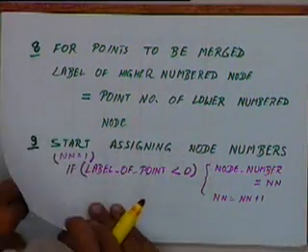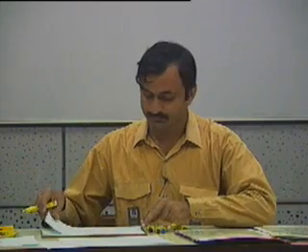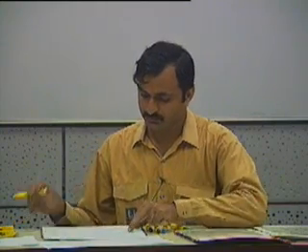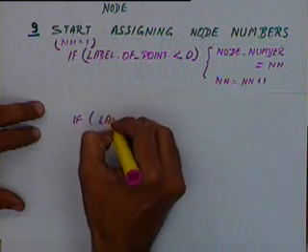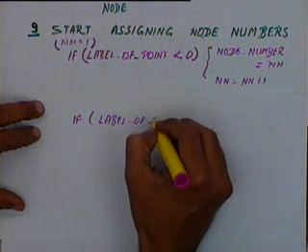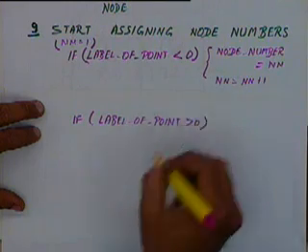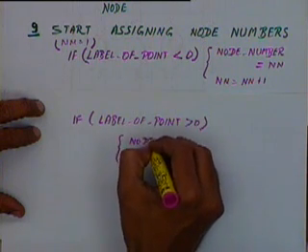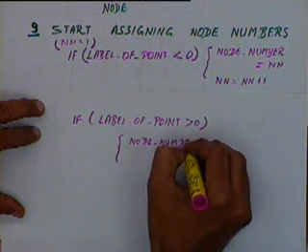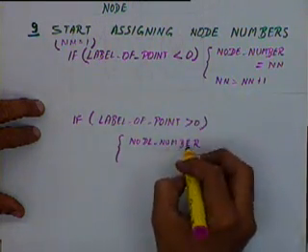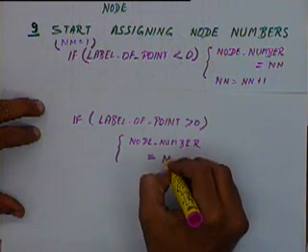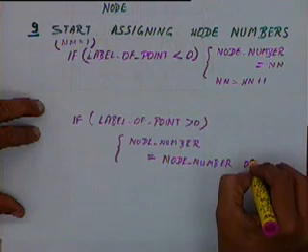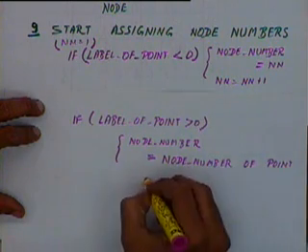If the label of the point is positive, we say if the label of the point is greater than 0, then the node number will be equal to the node number of the point numbered as label.